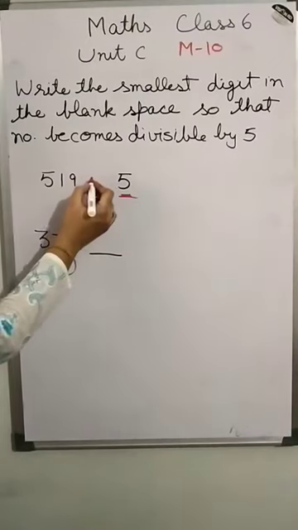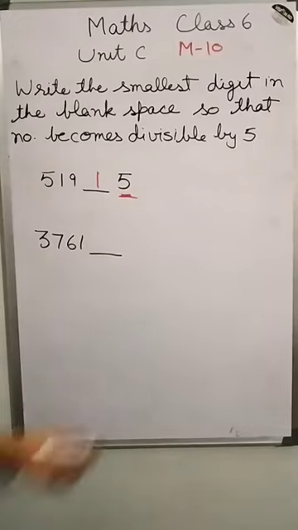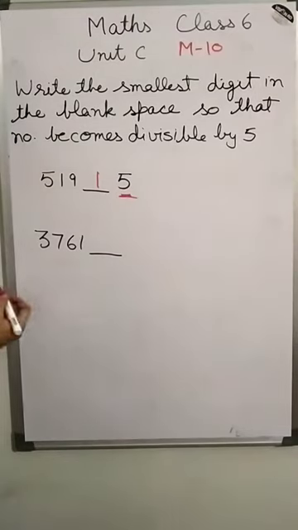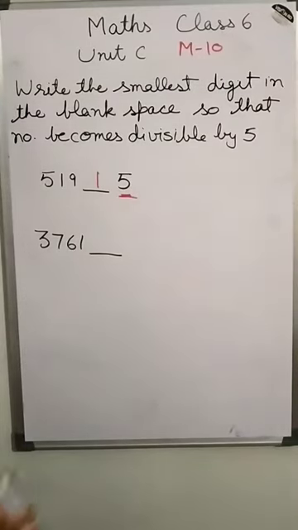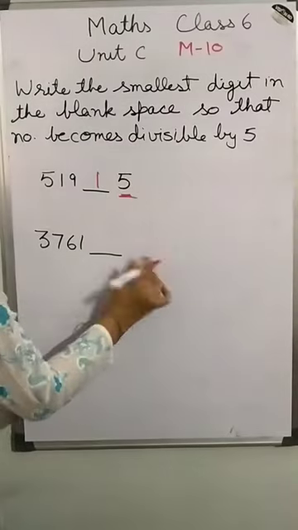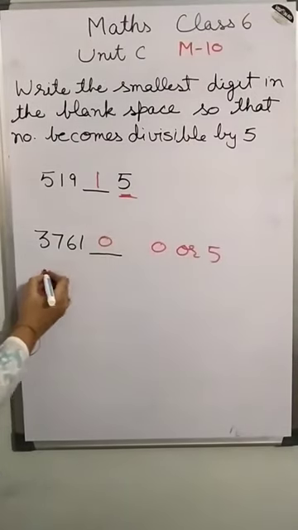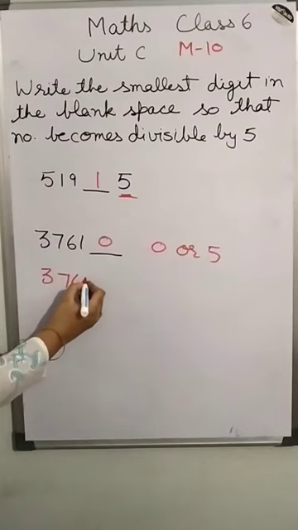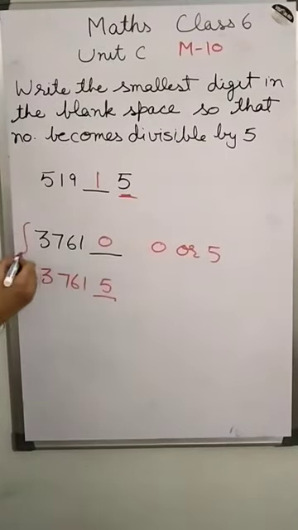You can fill 1, 2, 3, 4, 5, any number here. In the second question, the number is 3761 and the dash is in its unit place. So what do we write here? We write either 0 or 5. In both cases we can write this.